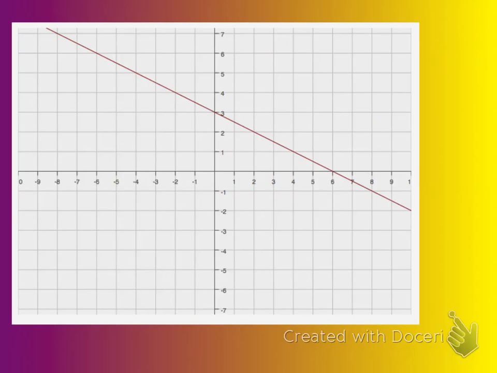Alright, let's take a look at another example. If I read from left to right just like I would read a book, this one is going down to the right, so therefore my answer needs to be negative. Again, I'm going to choose 2 points on that line. There's 1 point where it crosses through nicely, and then I'm going to choose another point right there. Now I want to calculate my rise compared to my run. My rise on this one is down 3, so that's a negative 3.